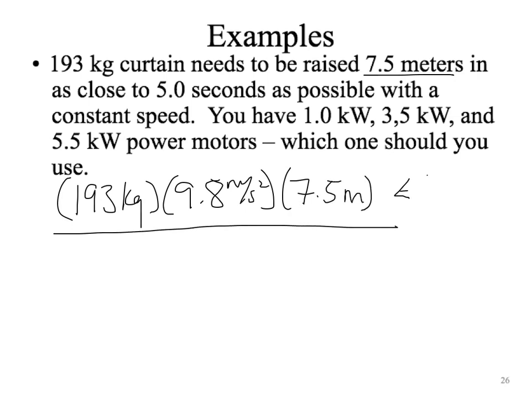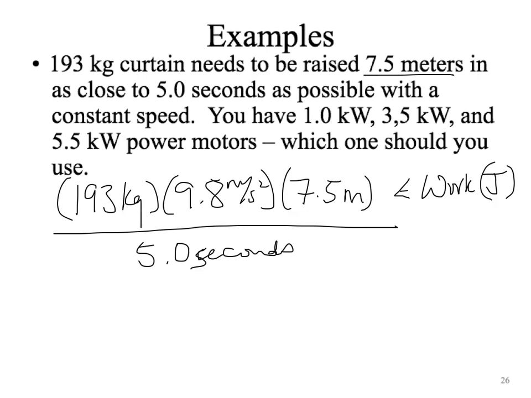So that's going to be your work, and that will be in joules. And we want it in 5 seconds. You can see, for a play, you don't want the curtain to just go flying up super fast and startle the audience. You don't want it to go super, super slow either, because you need to get on with the play. So you choose, I'd like to have this curtain raise up in 5 seconds.